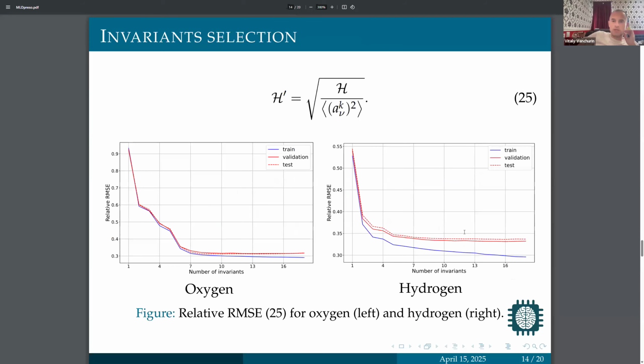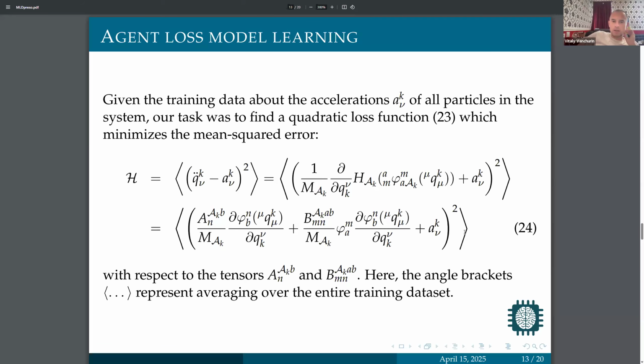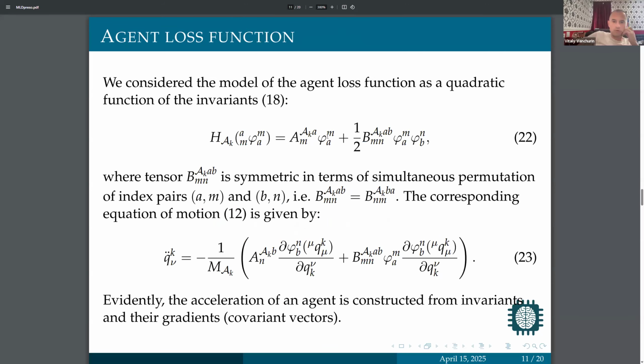So basically there are two H's there. The calligraphic H is how you search for the coefficients that determine the loss function of agents, which is the normal H, right? Okay. Yeah, we train in order to minimize the calligraphic H, and normal H is a quadratic function of invariants.